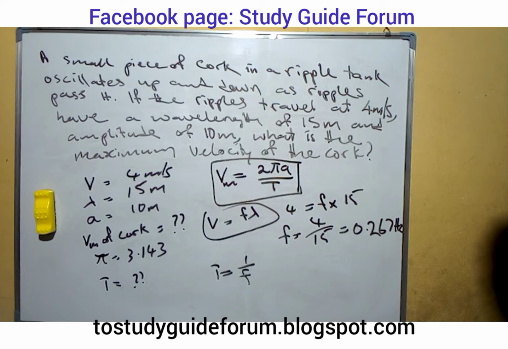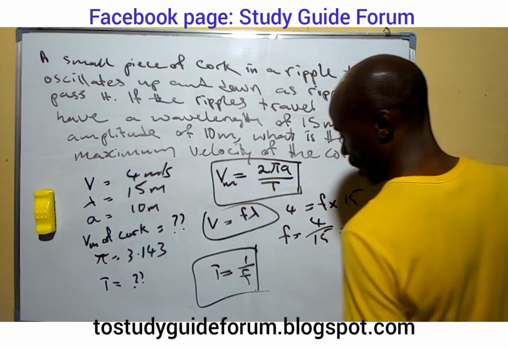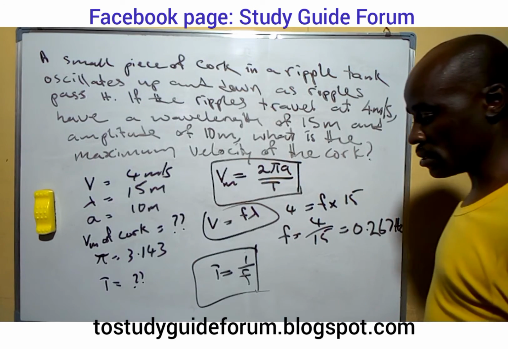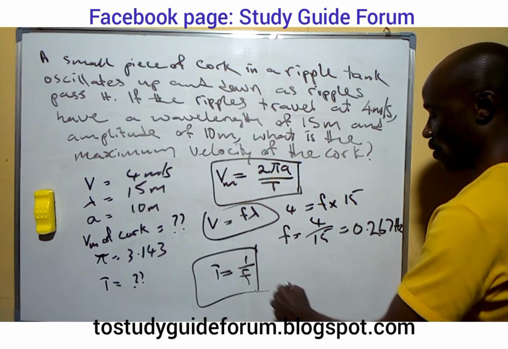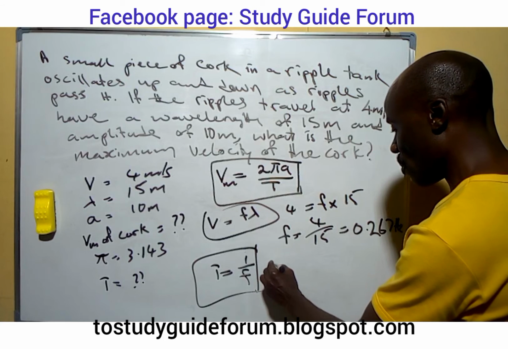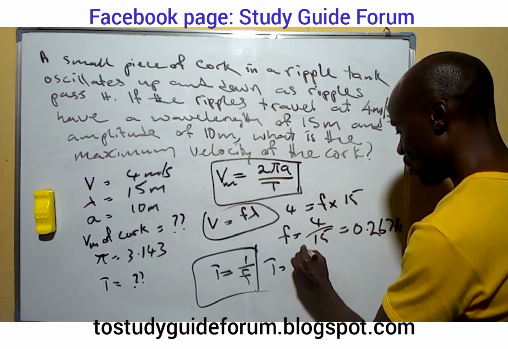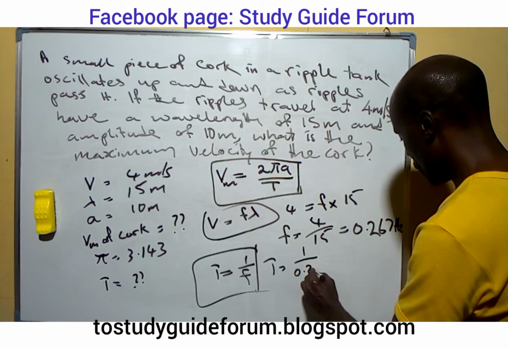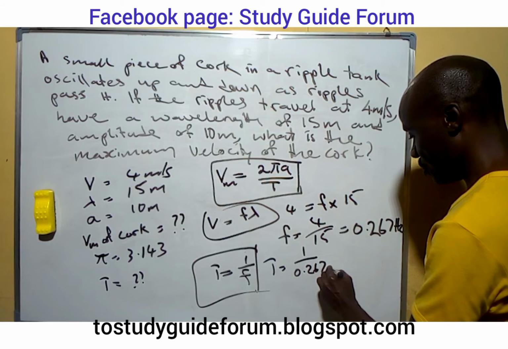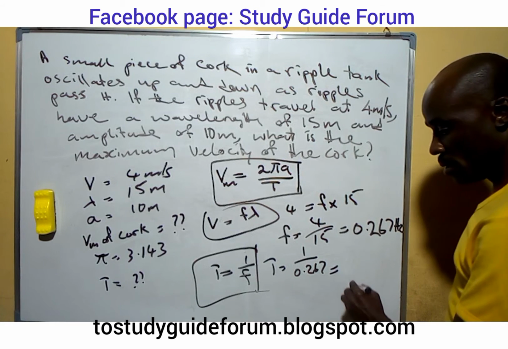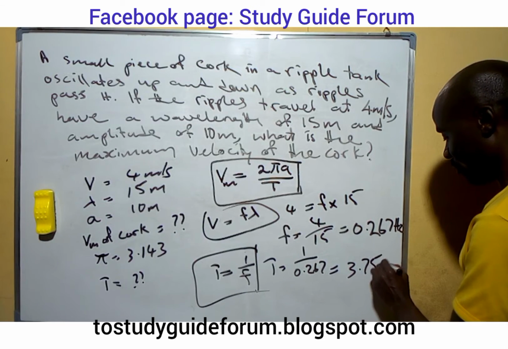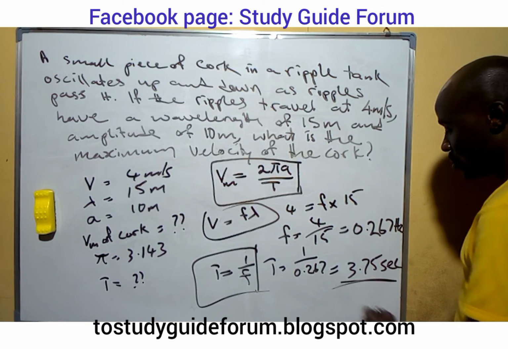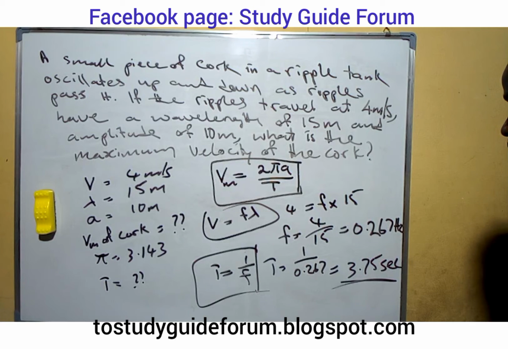You remember that the frequency is always the reciprocal of the period. So 1 over 0.267 will then be 3.75 seconds.